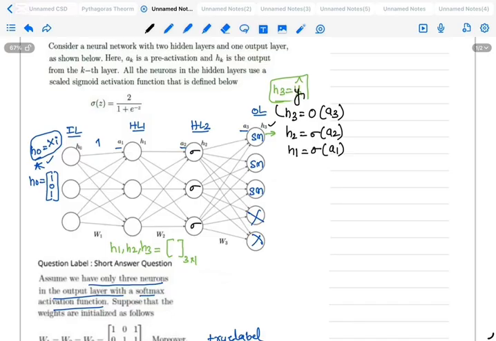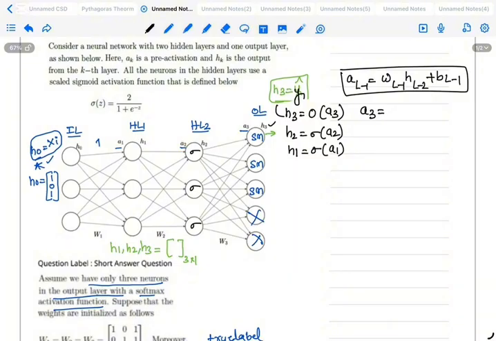And we know that A(L-1) equals W(L-1) H(L-2) plus B(L-1), where L represents the layer. We want A3, right? A3 equals W3 H2 plus B3. In the question they gave bias as 0, that is B3 is 0.